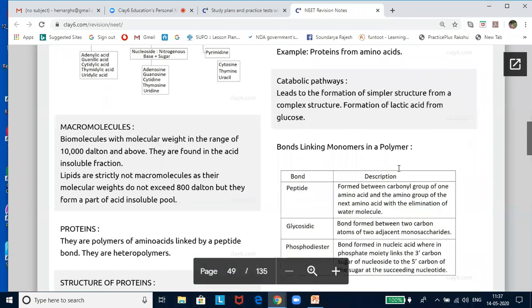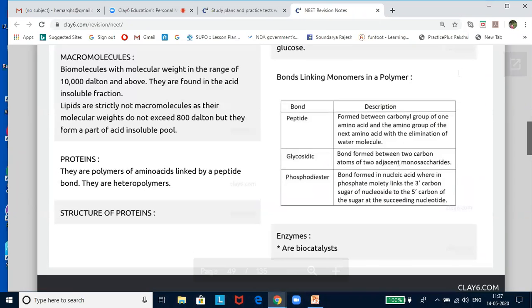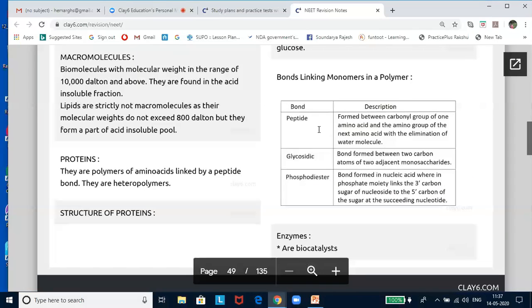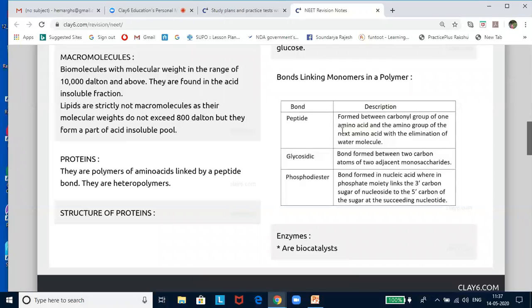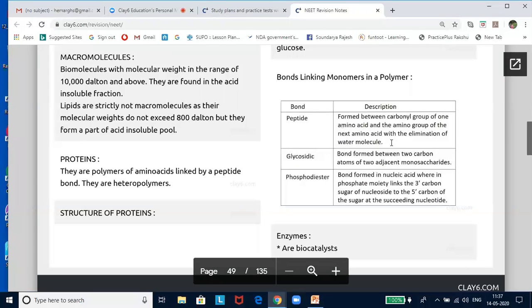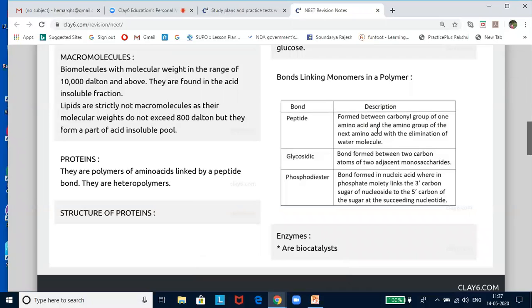Now let us look at how bonds are formed linking monomers in a polymer. So one is the peptide bond. This peptide bond is formed between the carboxyl group of one amino acid and the amino group of the next amino acid with the elimination of a water molecule. So it is basically a dehydration reaction where the water molecule is removed.